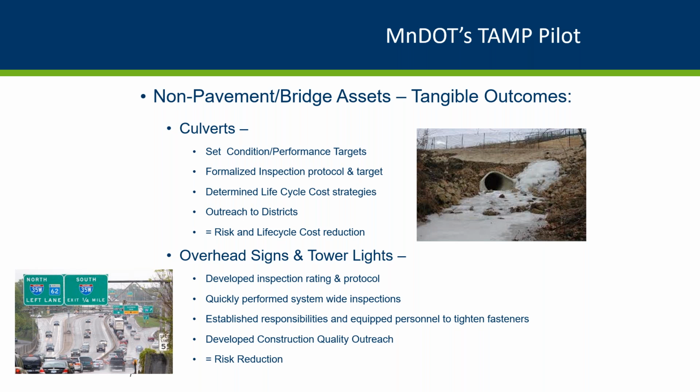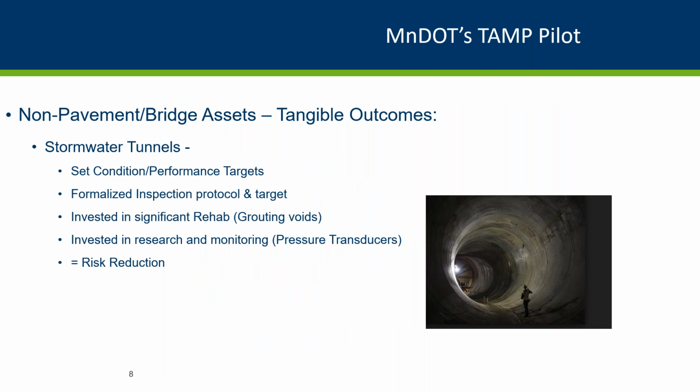For example, I mentioned the hold-down fasteners, we bought some specialized equipment so we could send our own teams out and retorque a lot of those foundation bolts, just as an example. Also looking at our construction practices and implementing new specifications, working with the construction administration personnel to ensure that we get the best quality product available out there.